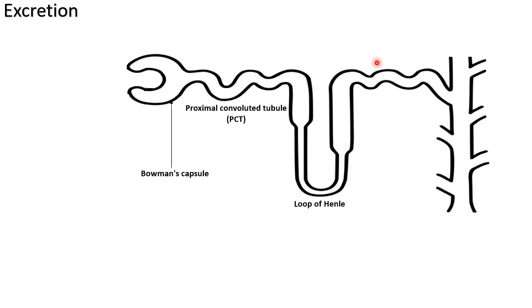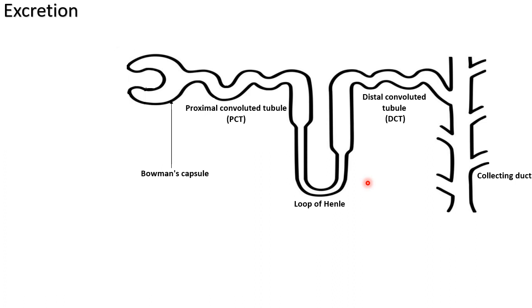Then we have our distal convoluted tubule. Then we have our collecting tubules and ducts. Okay, so we have Bowman's capsule, proximal convoluted tubule, distal convoluted tubule, and loop of Henle. Then our urine is collected in the collecting ducts and collecting tubules.